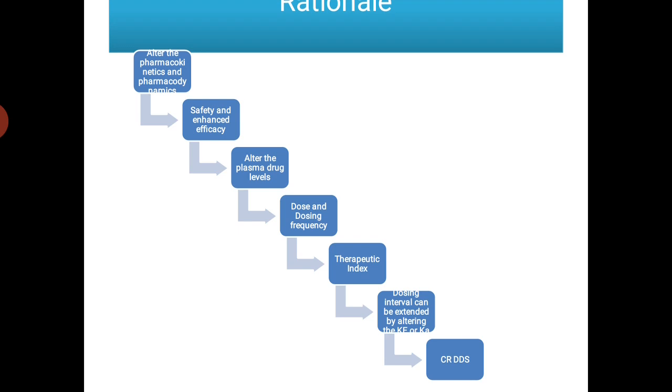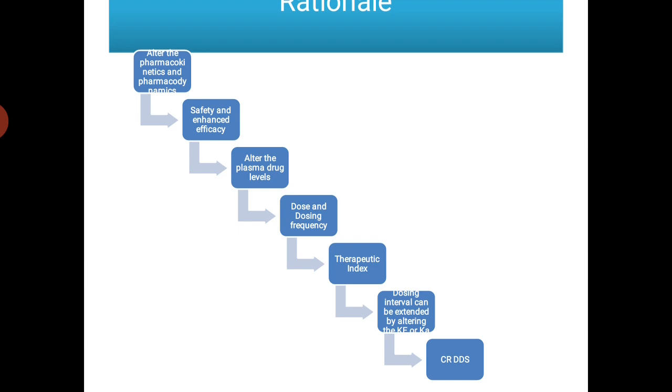If we change the dosing frequency also, it is not a matter. But for any drug molecule with a narrow therapeutic index, a therapeutic index of 2 or less, it is very difficult to adjust the dose as well as the dosage regimen.